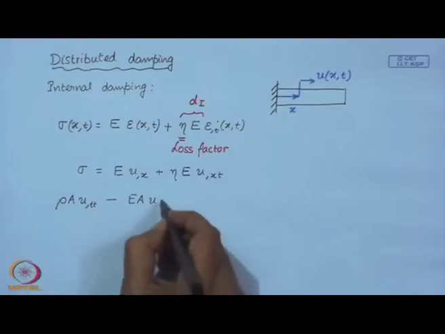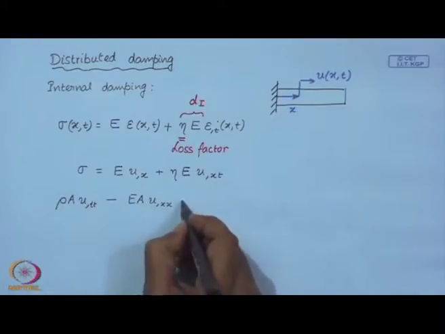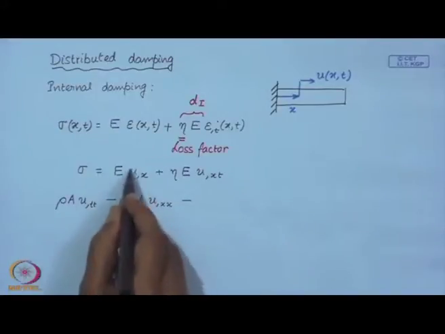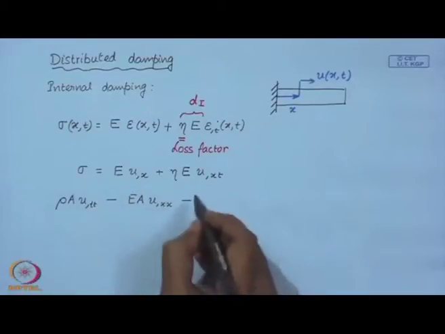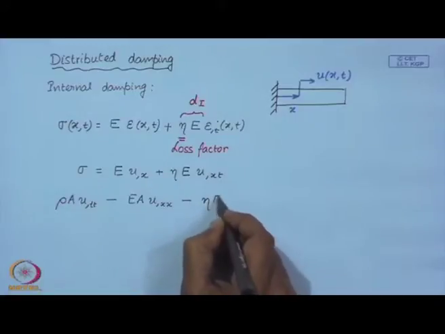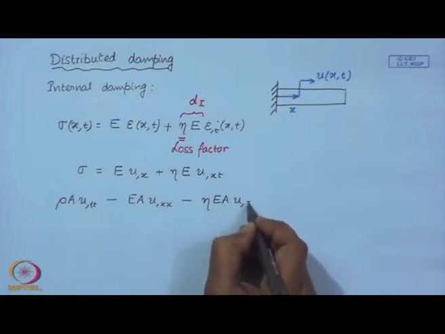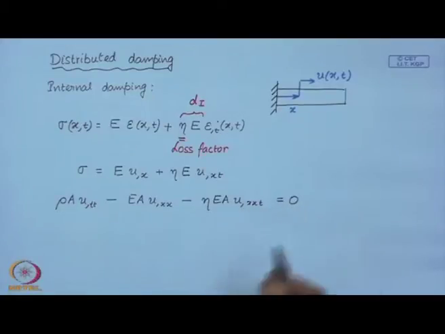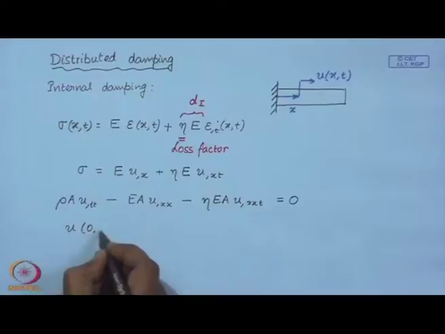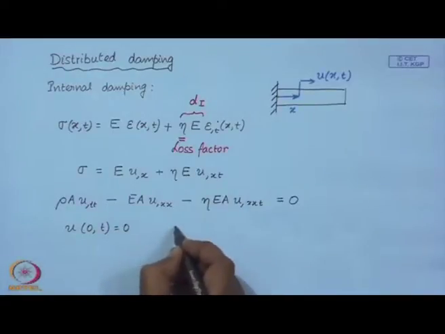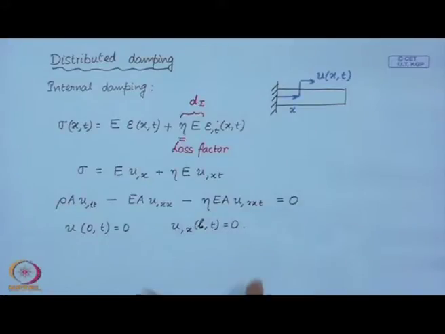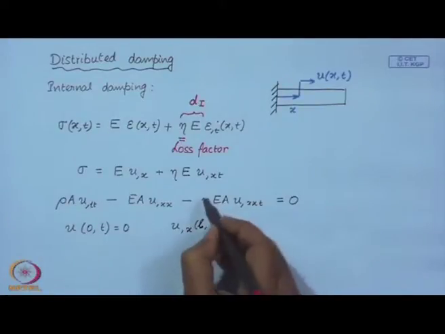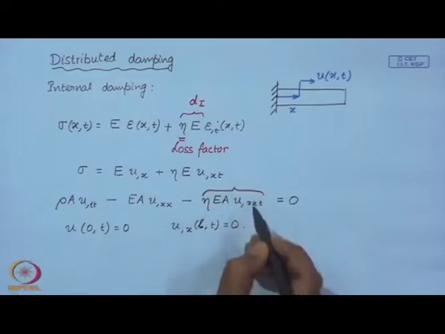we consider uniform cross sectional area. So, this term you see is E times del u del x, this gives this term, therefore, this term will give us, and along with the boundary conditions, so this is the damping term.